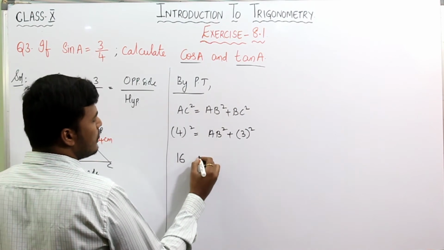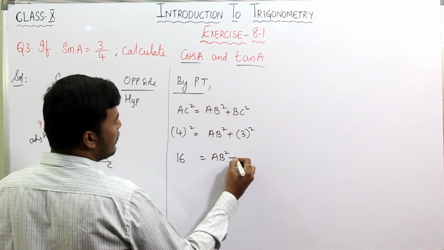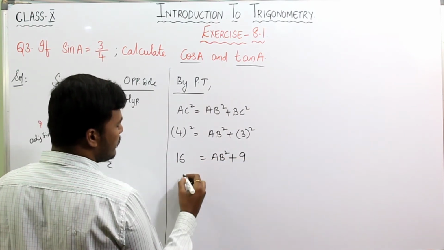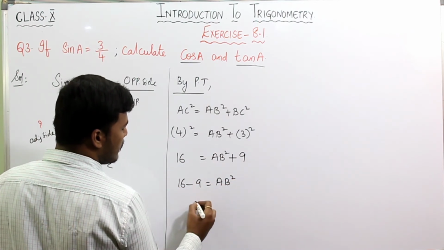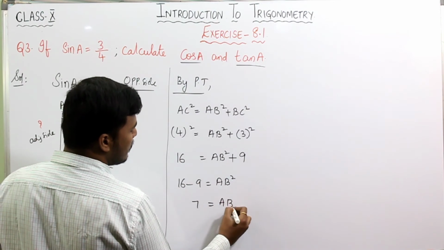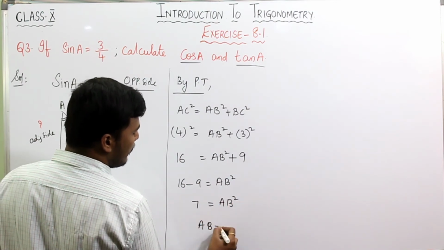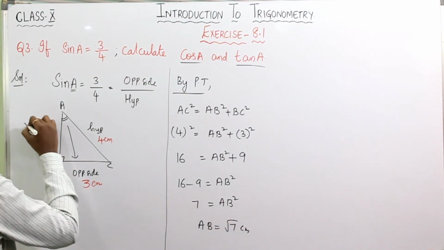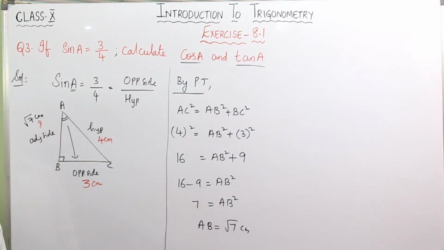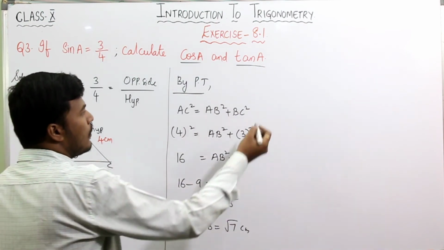So 16 is equal to AB square plus 9. Shift it here, 16 minus 9 is equal to AB square, 16 minus 9 is 7, so 7 is equal to AB square. From that, AB is equal to root 7 centimeters. So what is the adjacent side here? Root 7 centimeters.